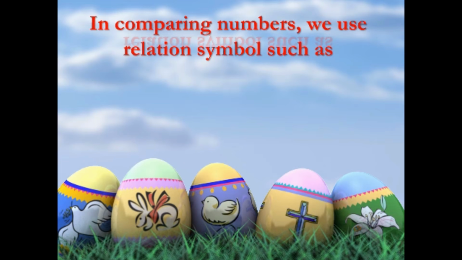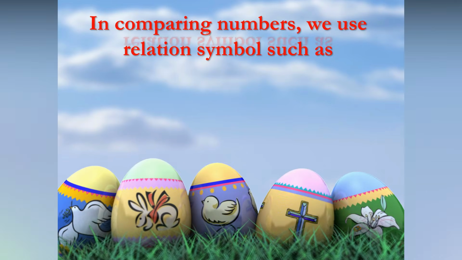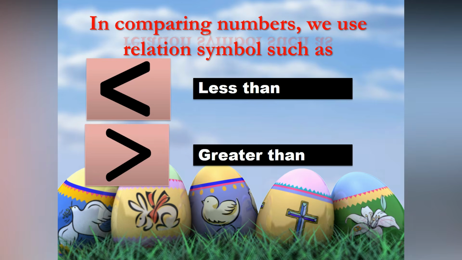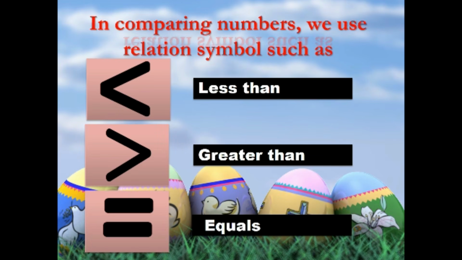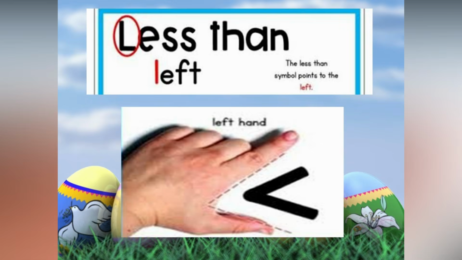In comparing numbers, we use relation symbols such as less than, greater than, or equals. I know, it's confusing to identify greater than or less than because they look similar. But for you to easily remember the symbol, form an L shape using your left hand.